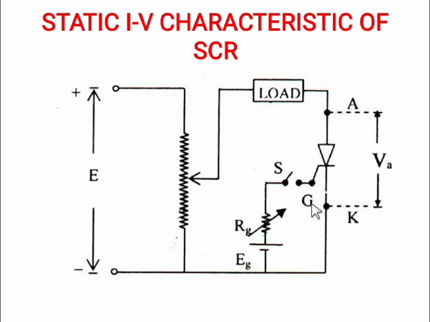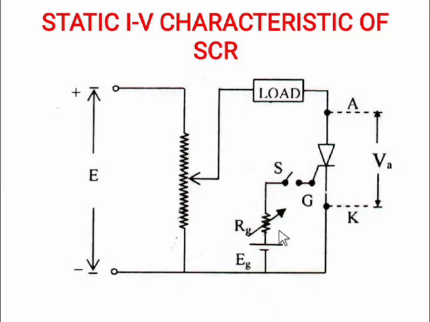The gate is connected through the switch to the gate supply voltage EG through the current limiting resistance RG, and this is the anode current limiting resistance.